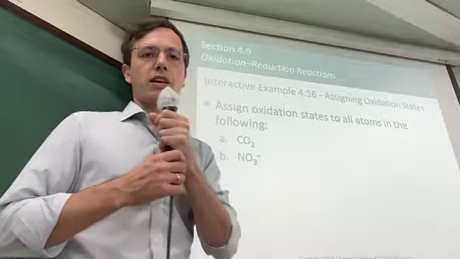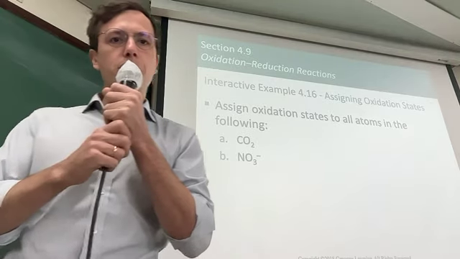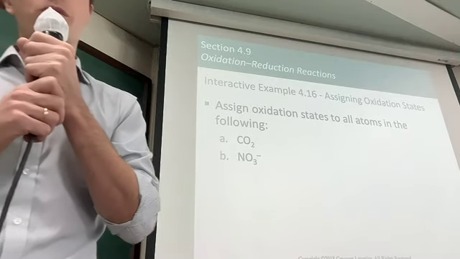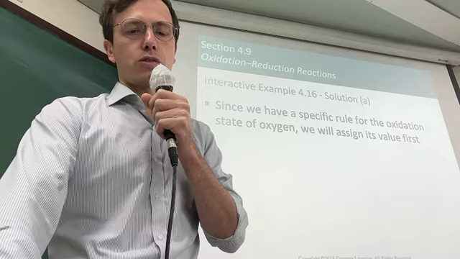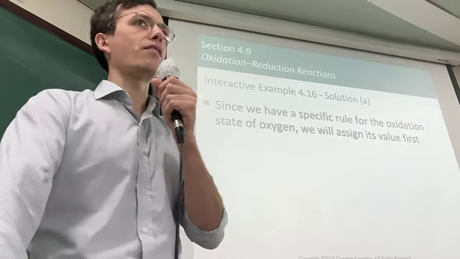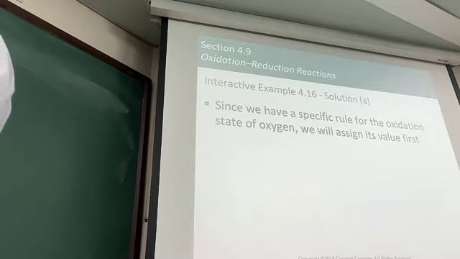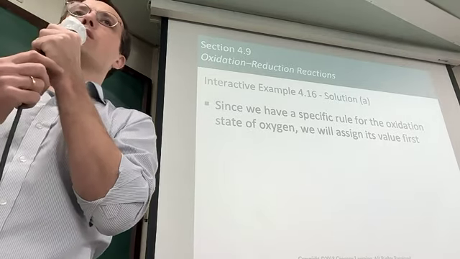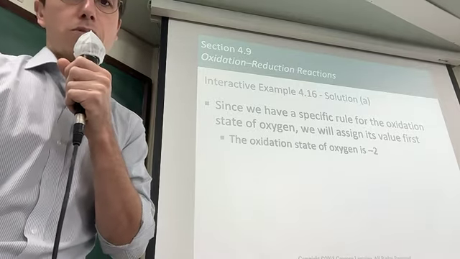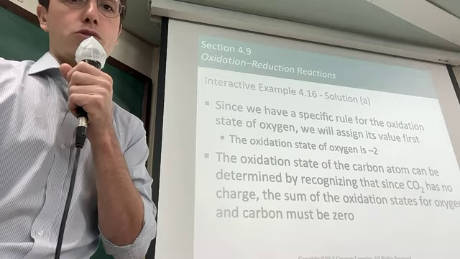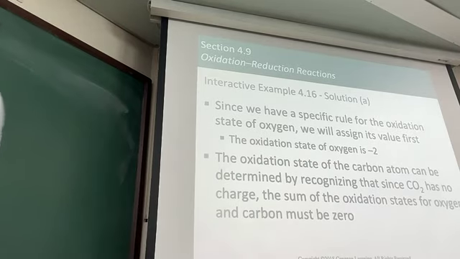Now we do some examples here. We have CO2 and NO3 minus. So for oxygen, we already have the rule that oxygen has a high electron affinity, so it will commonly always accept the electrons. So we will set this to -2. And then the carbon you can simply determine by neutrality of the molecule.